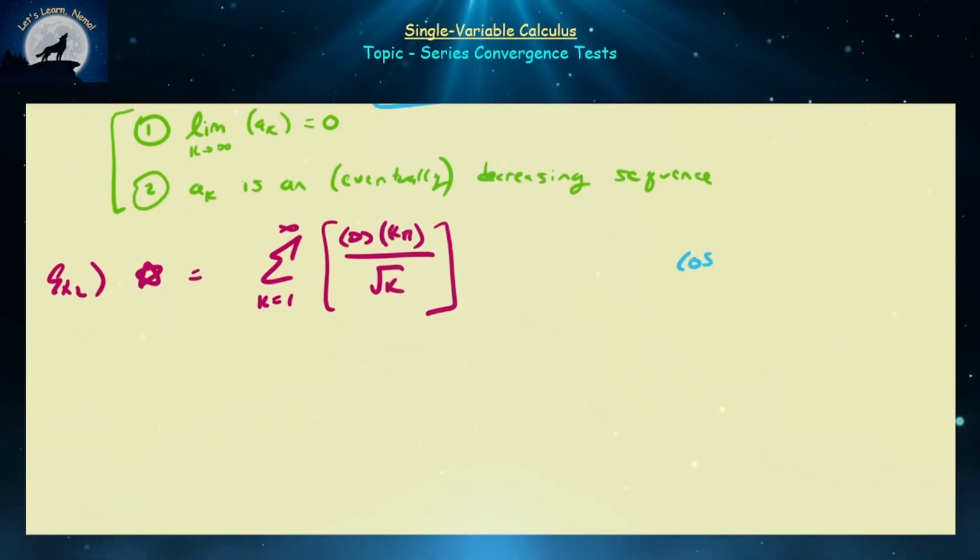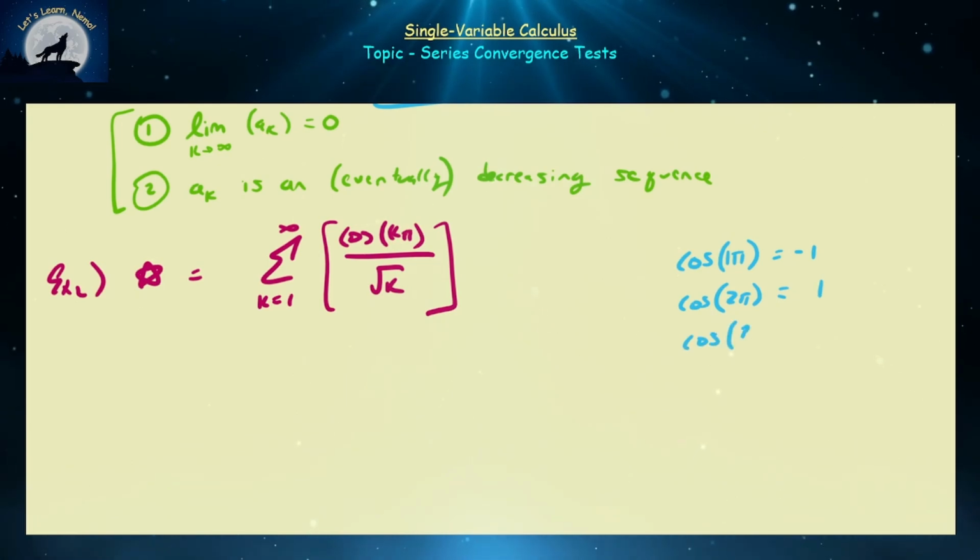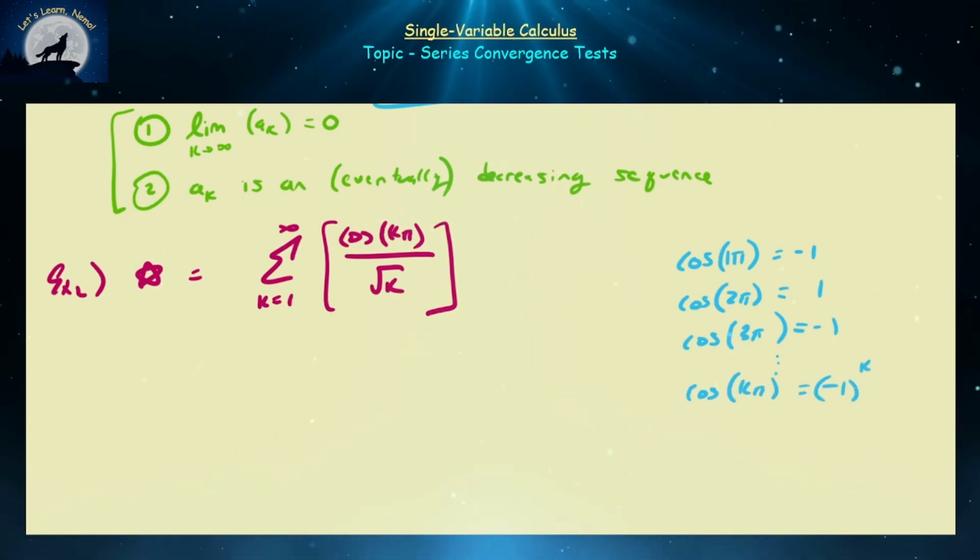If we look at cosine of 1 pi, that's equal to minus 1. The cosine of 2 pi is equal to positive 1. The cosine of 3 pi is equal to minus 1. And you should be able to see that the cosine of k pi will be equal to minus 1 to the power of k plus 1.